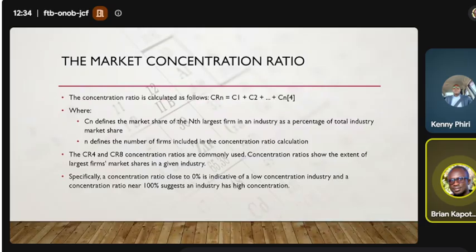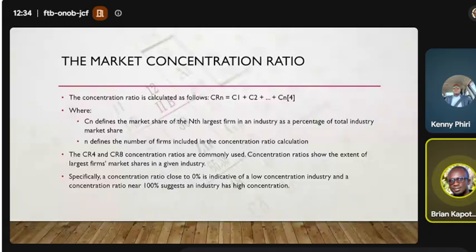So that's what you want to look at, the market concentration ratio. And this will show you how much of the market is controlled by the top firms.